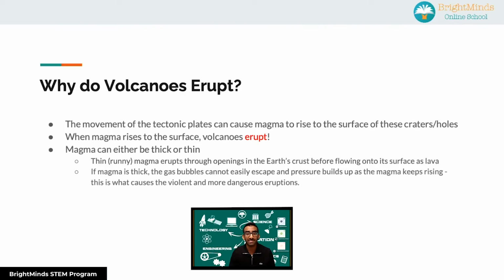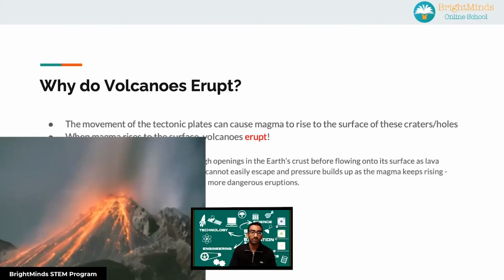So they can't easily escape, and the pressure is going to continue to build up, okay? And the pressure is going to continue to build up until the magma keeps rising, and these result in the more dangerous volcanic eruptions that you see on TV, the explosive ones, the ones that go boom and all the lava's flying in the air, okay? So the thick magma is actually what causes this, okay? And I want you guys to try it on your own.